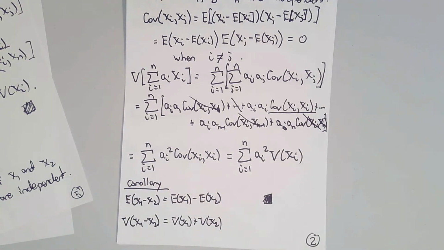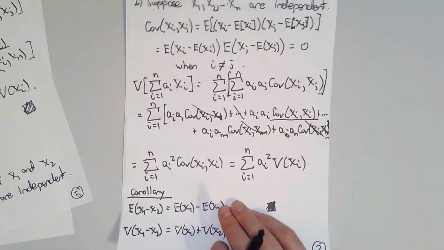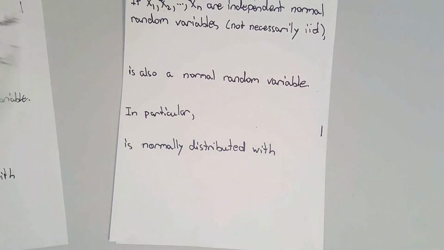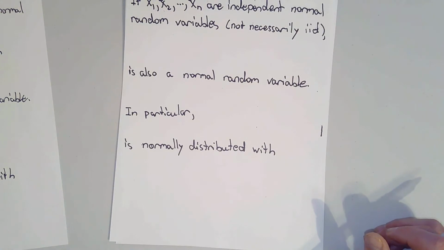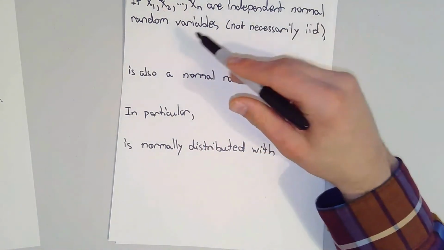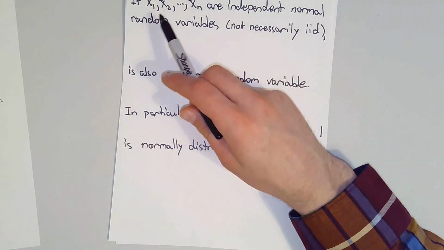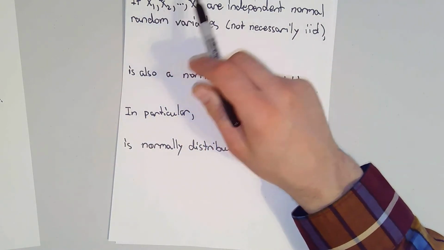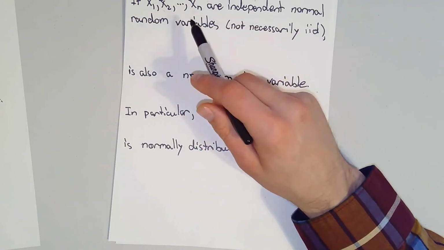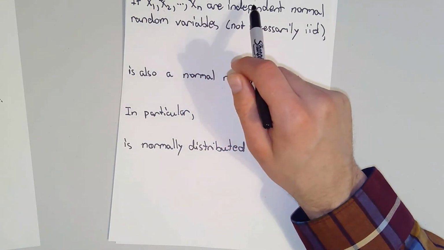So the last part of this video is with normal random variables, given by the following proposition. If x sub 1 through x sub n are independent normal random variables, so each of the x sub i's for i equals 1 to n has a normal distribution and they are independent.